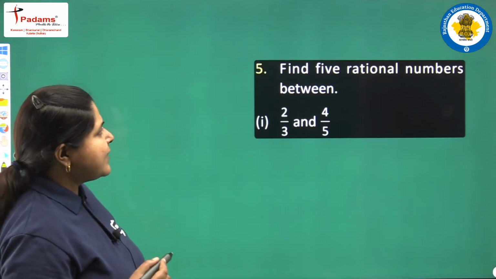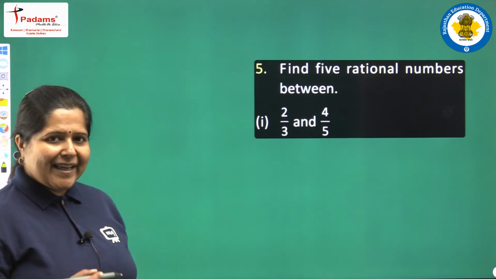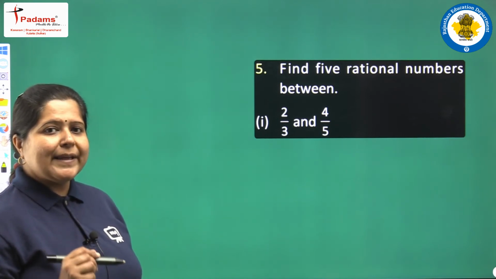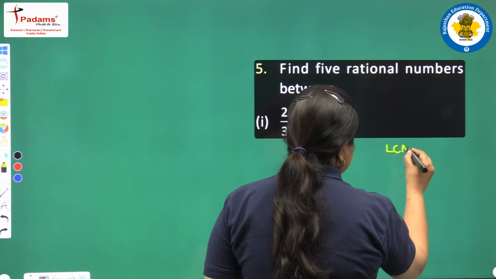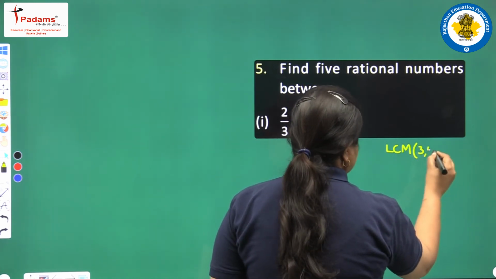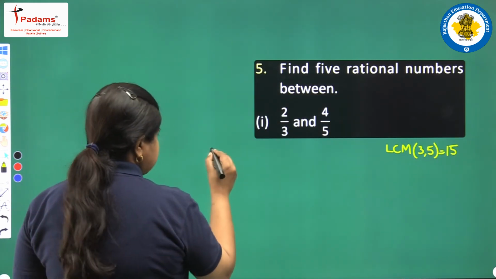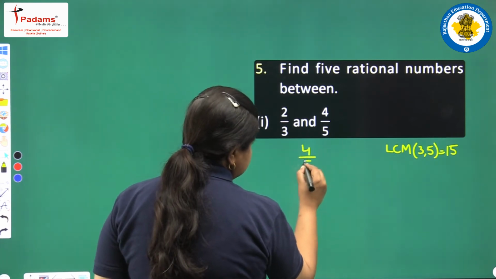Find 5 rational numbers between 2 by 3 and 4 by 5. Again, the denominators are different. First, we need to make them same. Then LCM of 3 and 5 is obviously 15. Let us write the numbers 2 by 3, 4 by 5.